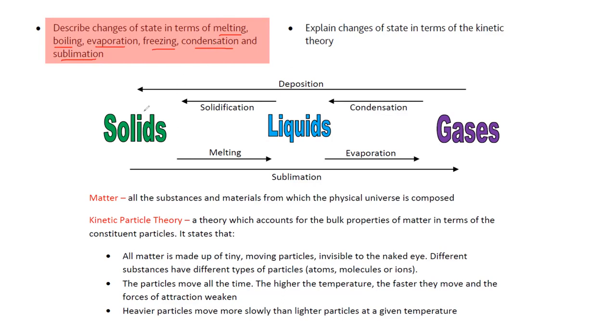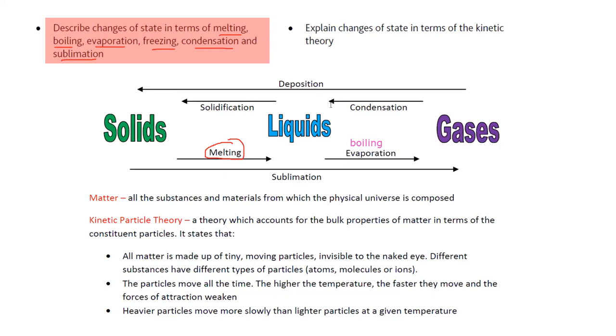What we call the change in state, for example, if we have a solid and a solid is converting into liquid, we call that melting. If a liquid is changing into gas, we call that boiling or evaporation. There is a difference between boiling and evaporation. We will discuss that difference as well.